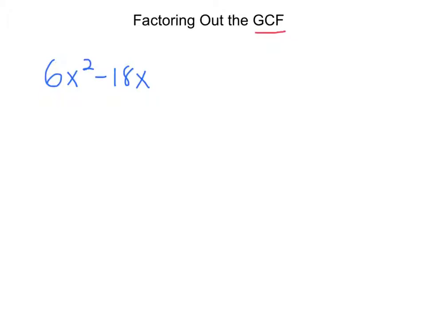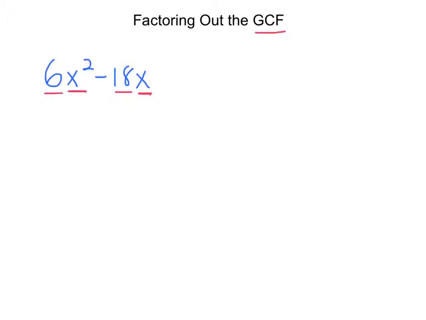Now in this case, we're looking to see what's in common here. So 6 is in the first term, and 6 also divides evenly into 18, because 6 times 3 is 18. So 6 is a common factor. Also, we have an x in this second term, and we also have an x squared in the first term.